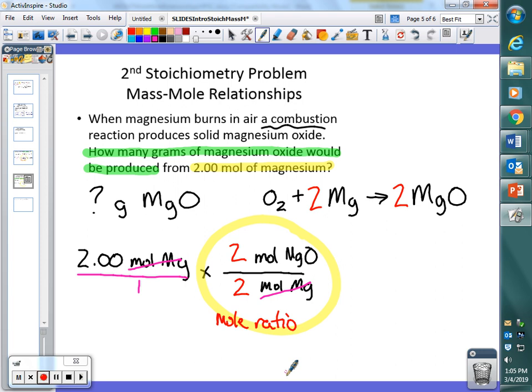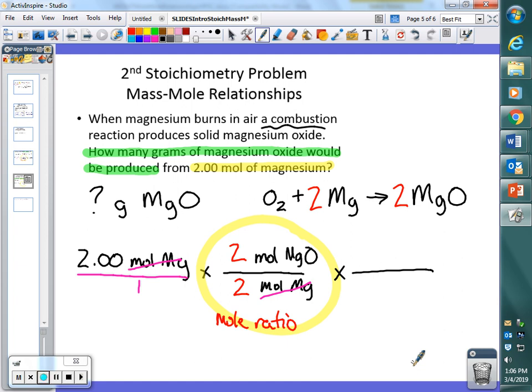What did this question want us to find out? Grams of magnesium oxide. So we have done a conversion factor, but we still don't have the units that we want. So this one-step problem now becomes a two-step problem.